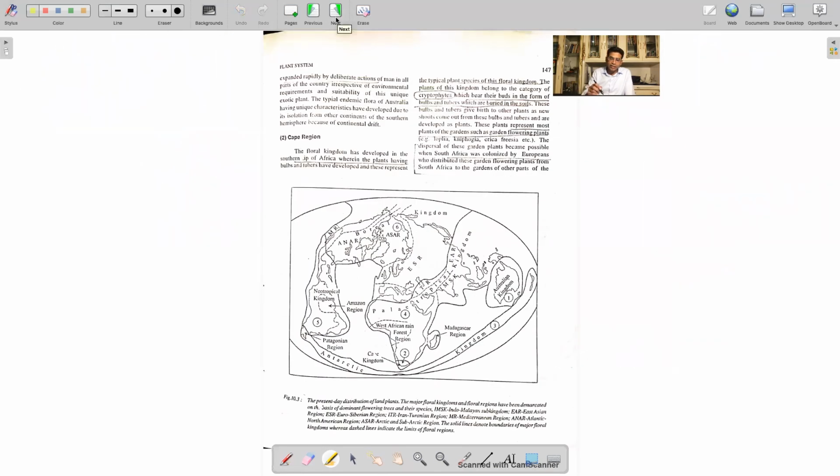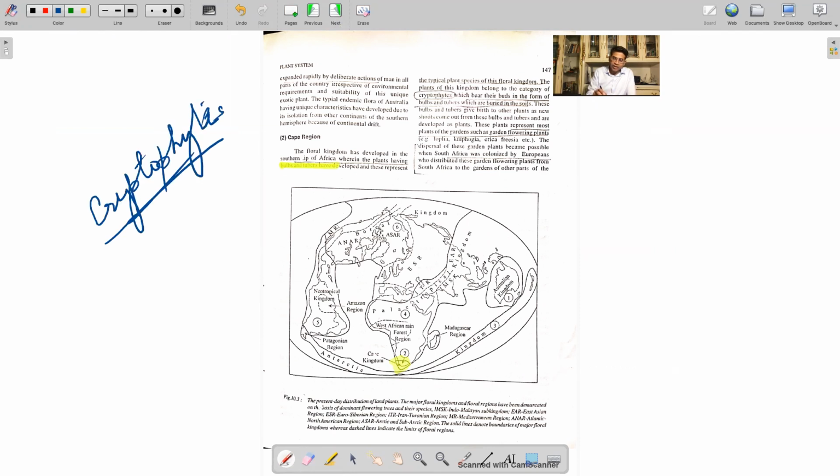If you look at the regions of Cape, now Cape region is a very interesting region. It's a very, very small part. This is the Cape region here, part of southern Africa. And this region has bulbs and tubers, which are called cryptophytes.